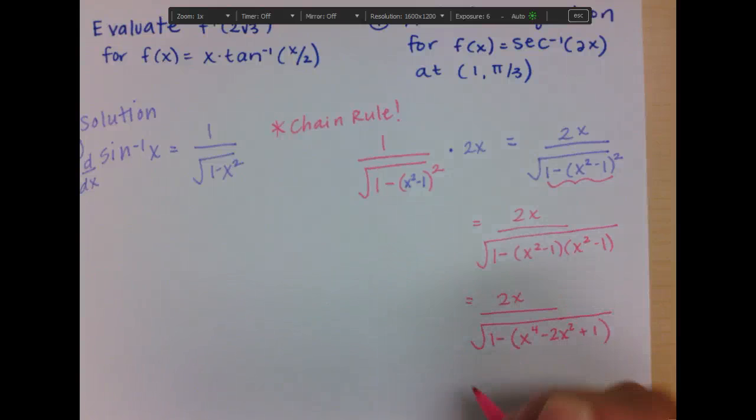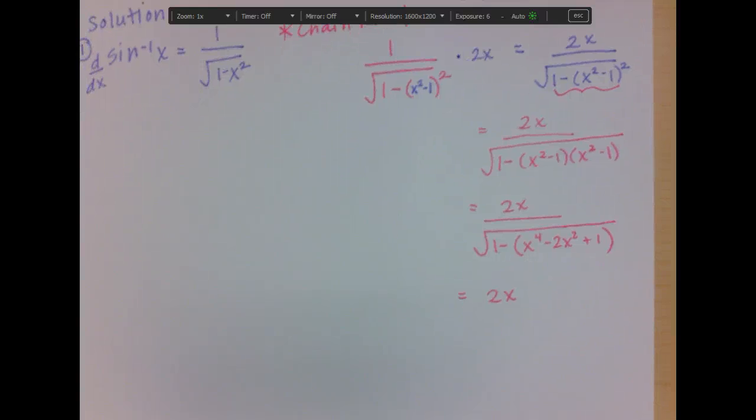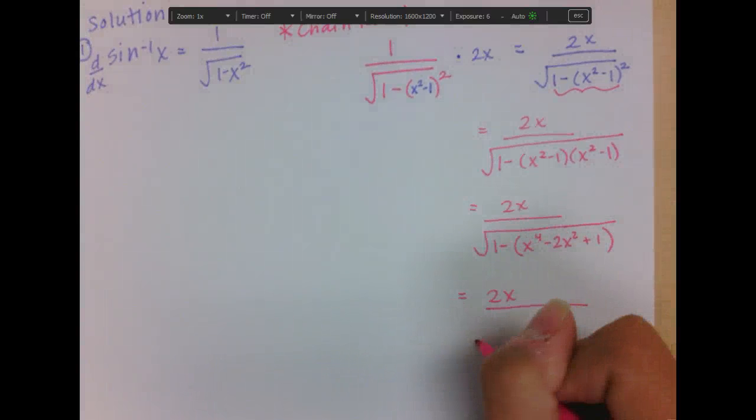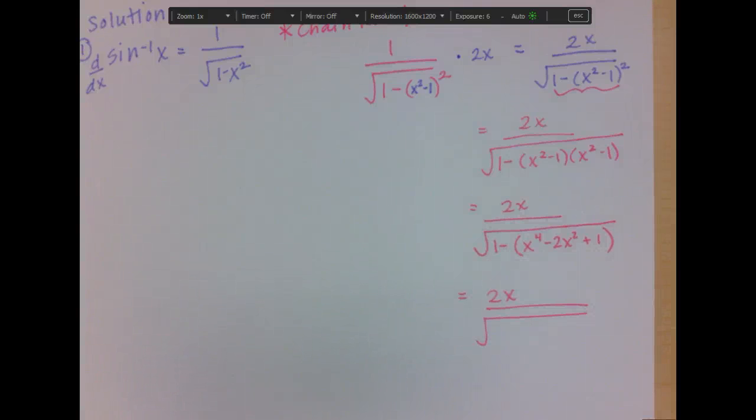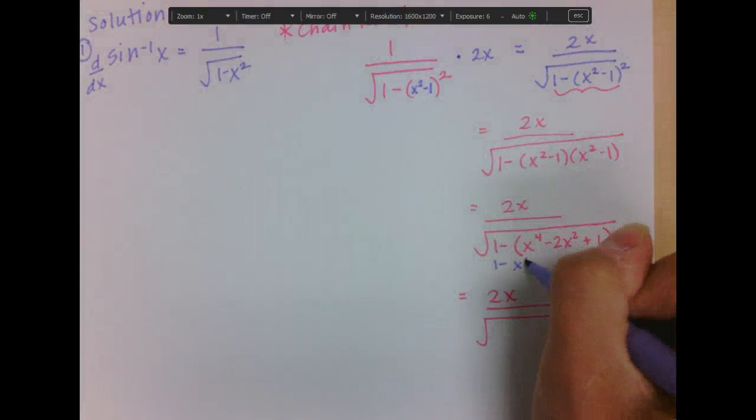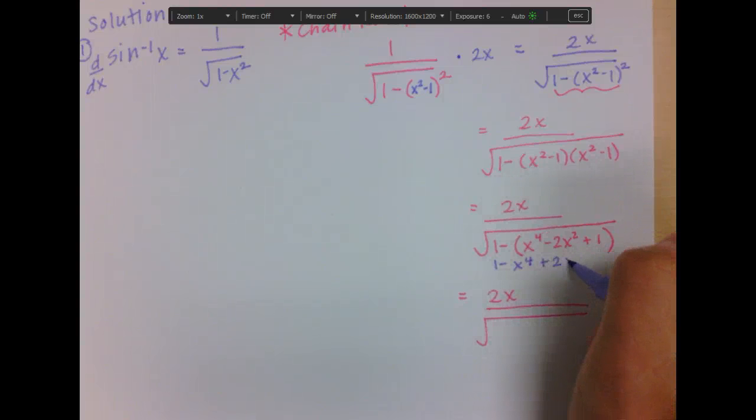Then let's do that subtraction: 1 minus x to the 4th plus 2x squared minus 1.